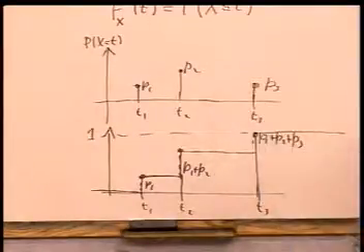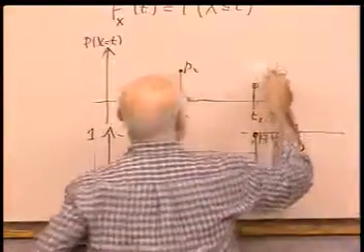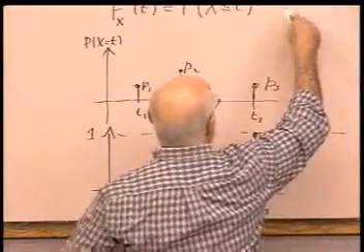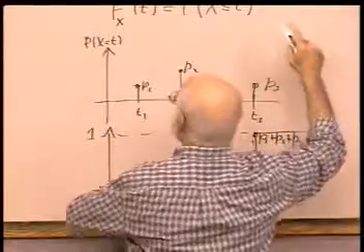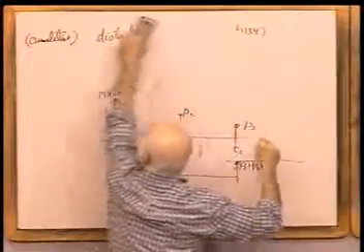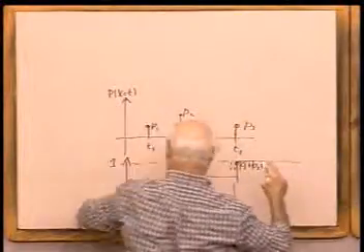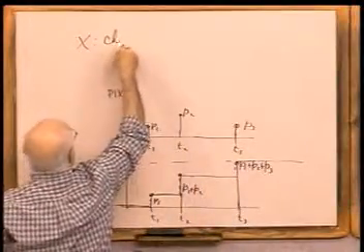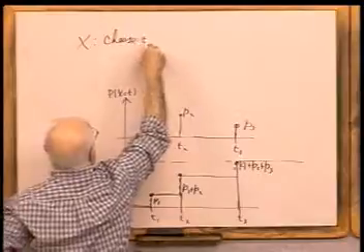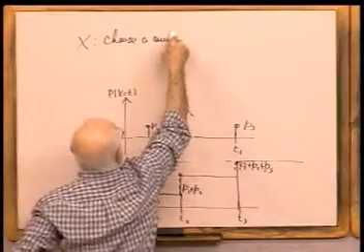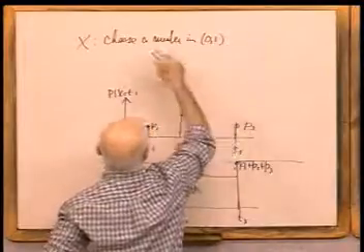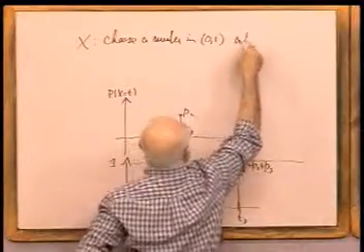So let me ask this question. Suppose that my random variable is supposed to represent this. So x means choose a number in the interval 0, 1 and choose at random.